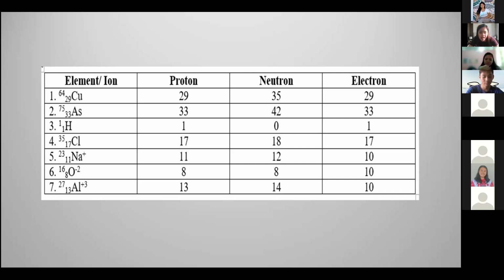Now, this is how, i-review ko lang, this is how again you can predict the number of subatomic particles. For the number of protons, always look at the atomic number. Again, for the number of protons, it is always represented by the atomic number. And then for the number of neutrons, always remember, our formula here is atomic mass, or other names sa atomic mass class, mass number or atomic weight.